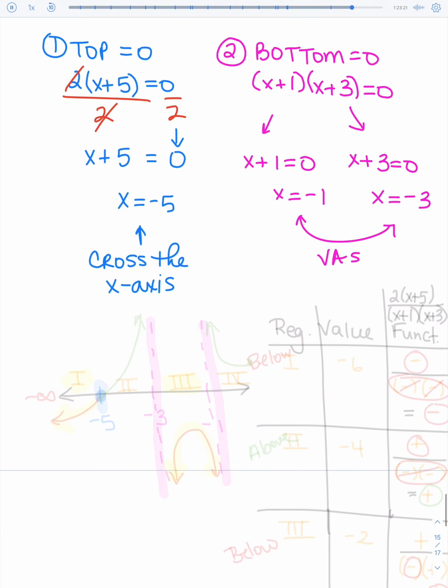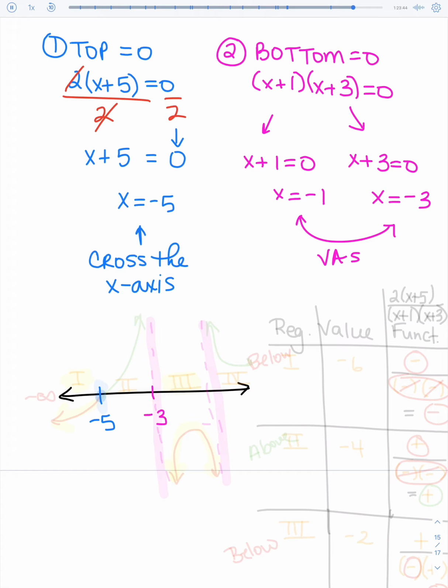So this is the first time that we see critical values. We actually see not 1, not 2, but 3 critical values. So when we actually go to draw our number line here, we're actually going to put 3 values, starting out with negative 5, then negative 3.